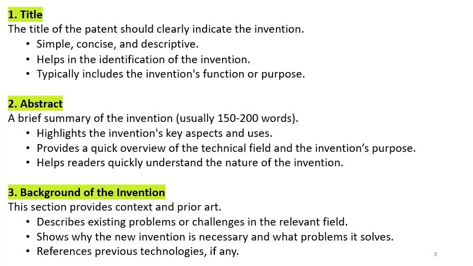Then comes the background of the invention. This section provides context and the prior art. It describes existing problems or challenges in the relevant field, shows why the new invention is necessary and what problem it solves. It also provides references to previous technologies, if any. So the example is oral liquid preparations of paracetamol.